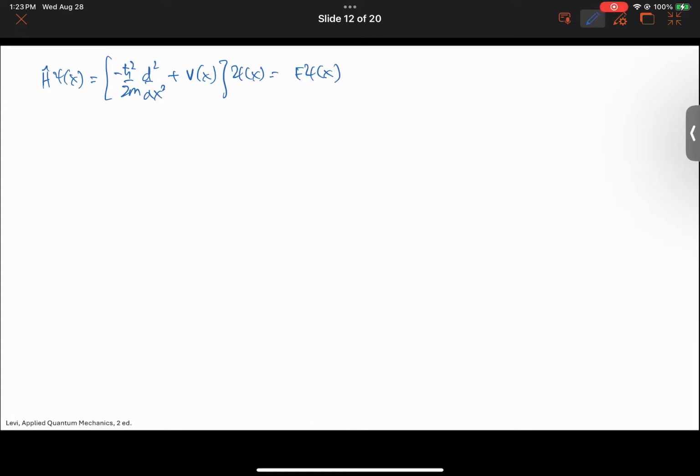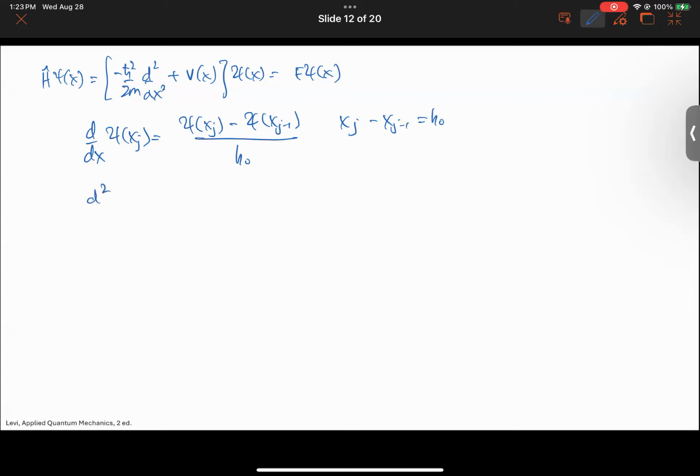Recall that in finite difference, the derivative d dx of psi of xj is equal to psi of xj minus psi of xj minus 1, so this is the forward finite difference method, divided by h naught, where xj minus xj minus 1 is h naught.